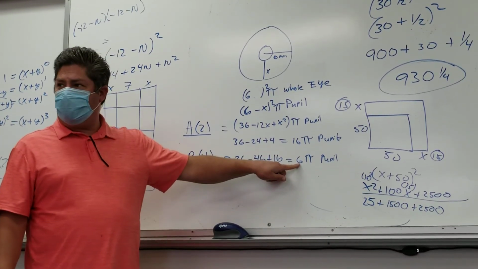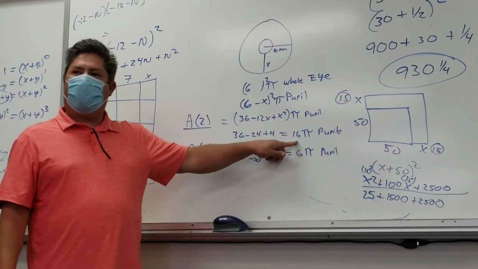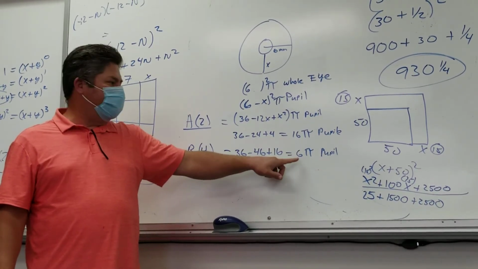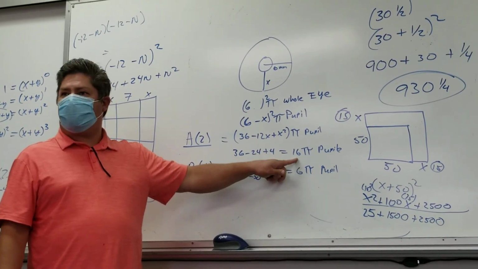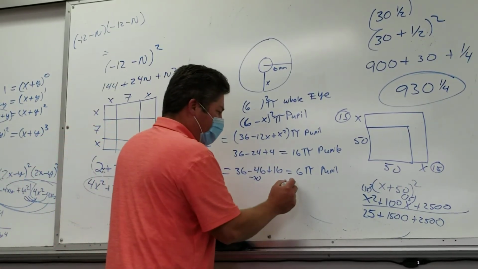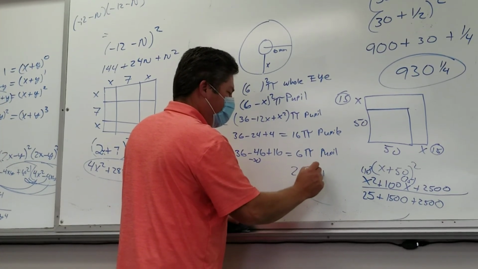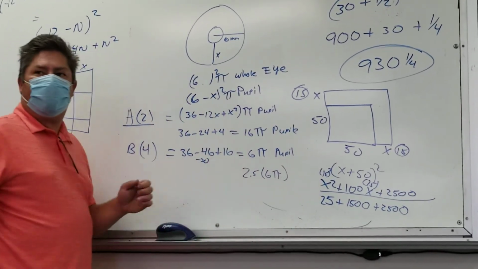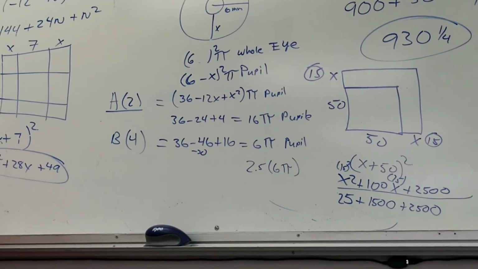Well, it's more than 2, right? Because double this would be 12. Is it 3 times bigger? 3 times that is 18. No, it's 2.5, right? And check that. Do 2.5 times 6 and see if that's right. Somebody do that on your calculator.